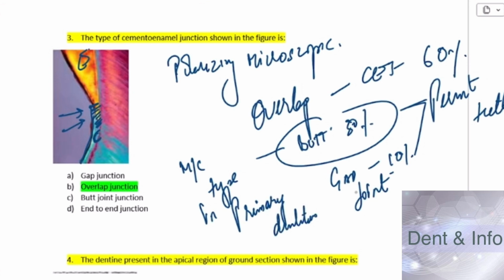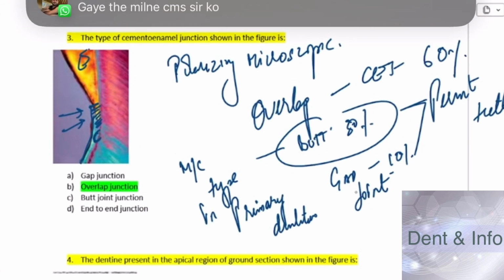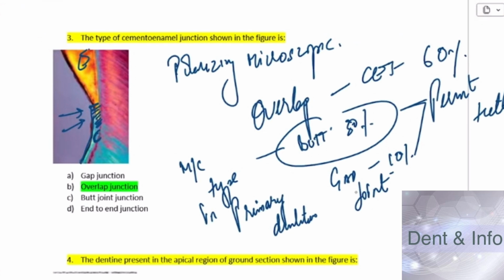If nothing is mentioned, then we take it for granted that it is permanent. Most common type of CEJ is overlap. If they specify most common type of CEJ in primary dentition, then we'll go for the butt joint, end to end.